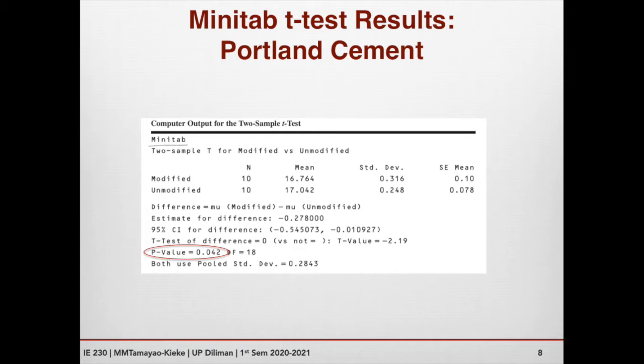So the p-value of 0.042 means that you will observe the values that you observed in your sample data, given that the null hypothesis that there is no difference between the modified and unmodified formulations is true.